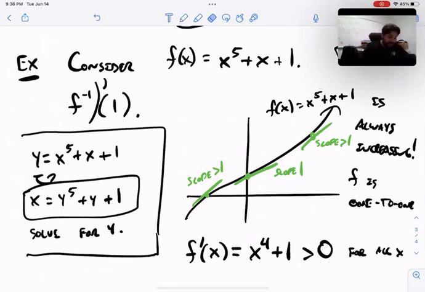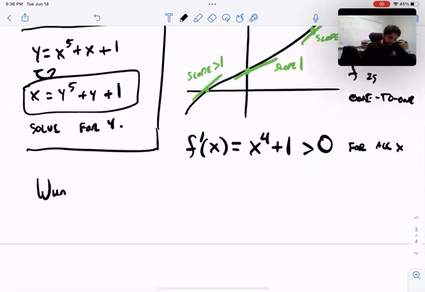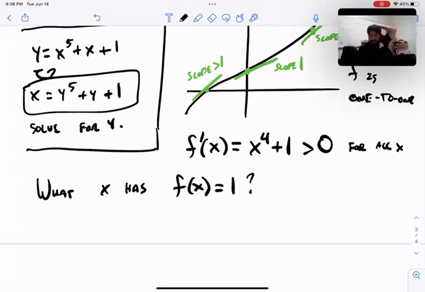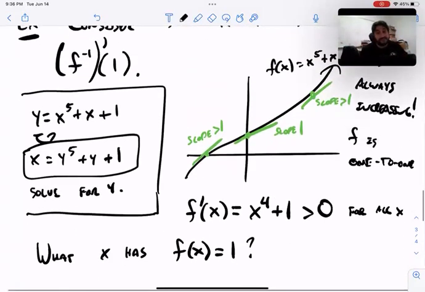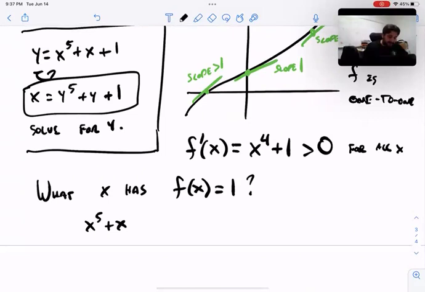Even though we can't find a general formula for the inverse, you can still try to invert a particular point by just looking at the desired output. So here I'm dealing with f inverse at 1. If I'm looking at what x value has f of x equal to 1, even though I can't solve the equation in general, I could solve this by inspection.